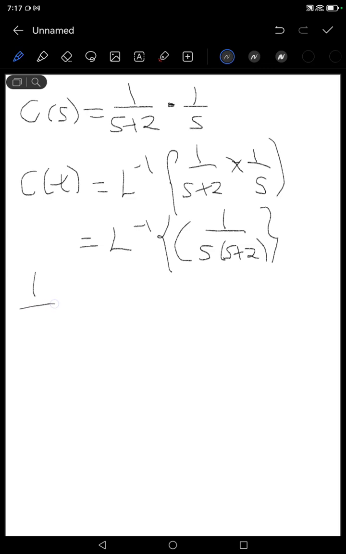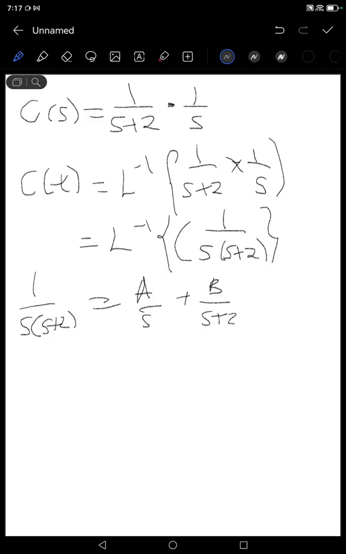We're going to have 1 over s(s plus 2) equal to A over s plus B over s plus 2. This is how we do the inverse Laplace if we don't have the same function on the Laplace table: we do the partial fraction. So from here, we're going to solve for A and B.